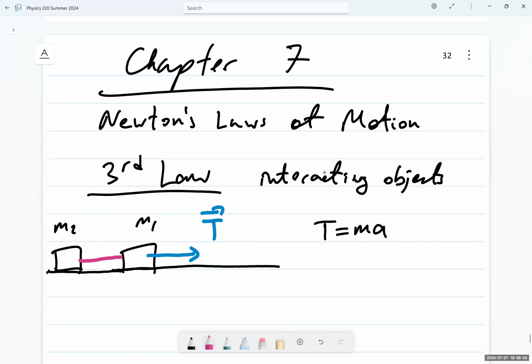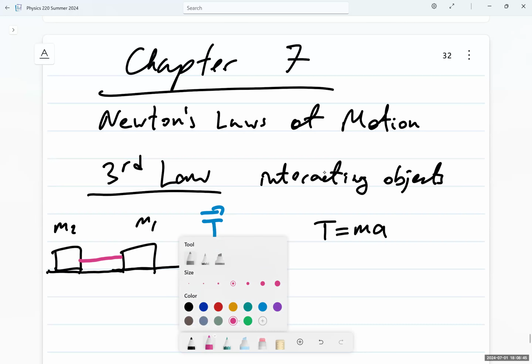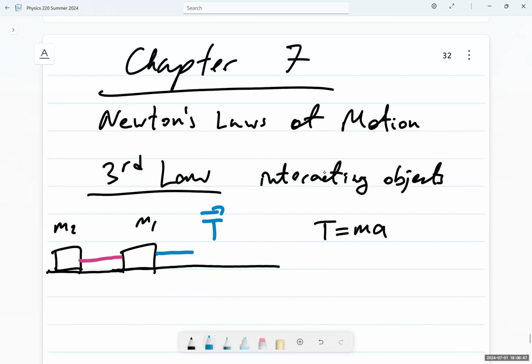Let's say there is rope 1 right here that's connected to mass M1, and then rope 2 connecting M1 and M2 together. Now we're going to pull with some 20 newtons of force on rope 1, basically pulling mass 1.